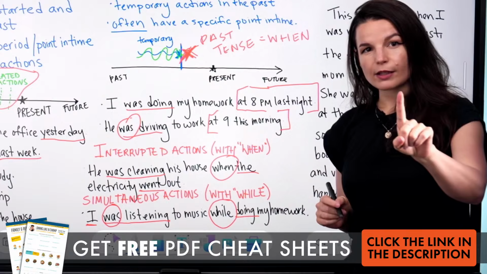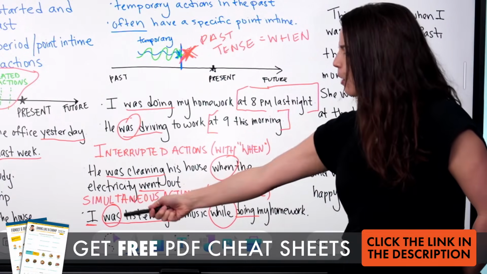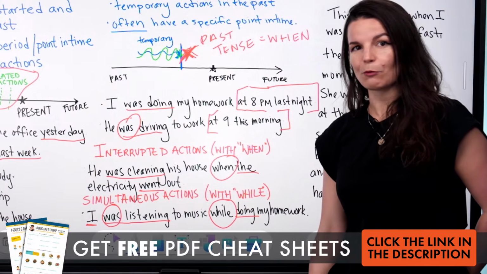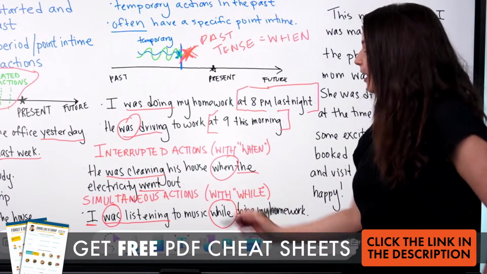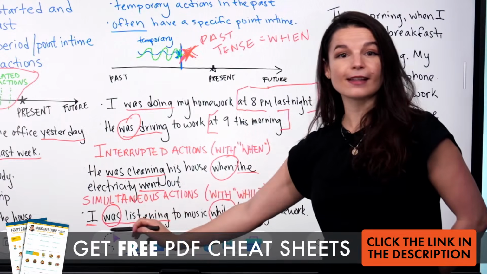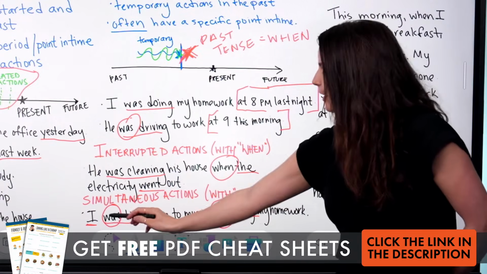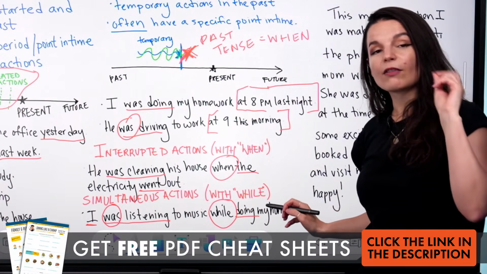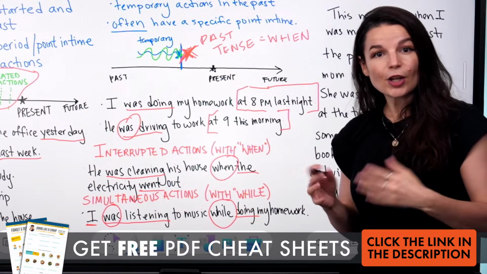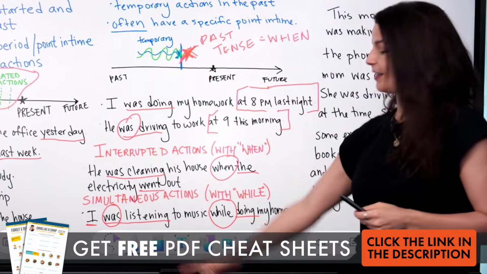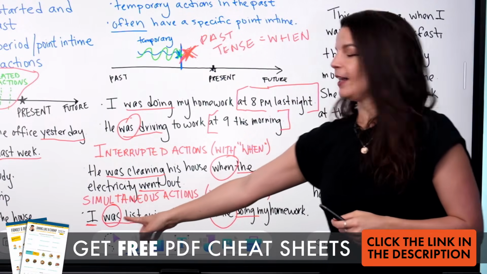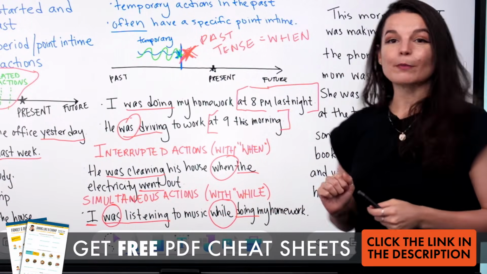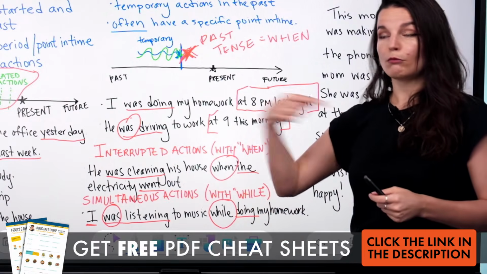You might notice here, there's no "I was". Oh no, is that wrong? No, because if your subject is the same subject, action 1 and action 2, if they are done by the same subject, you can remove the subject and the be verb. I was listening to music while doing my homework. Both actions, me, okay?